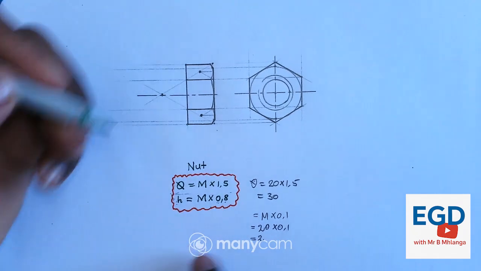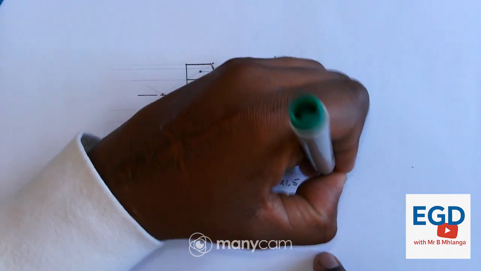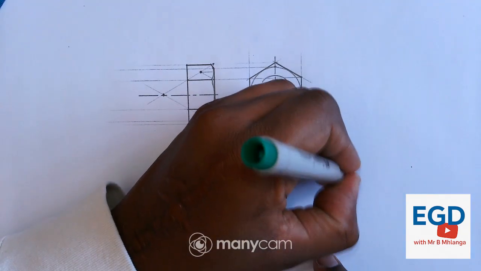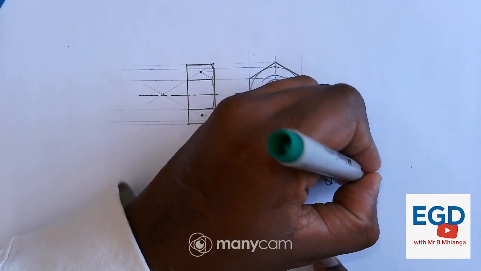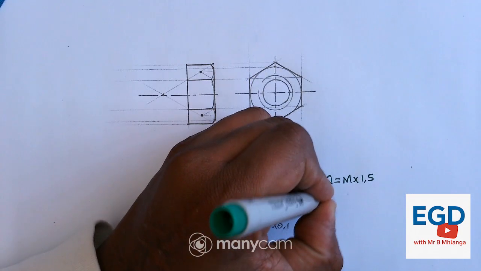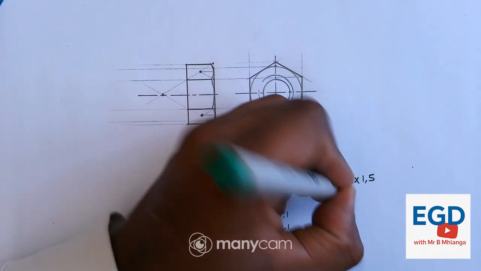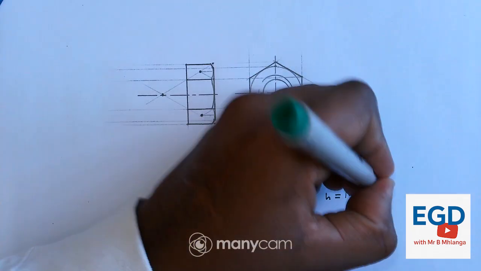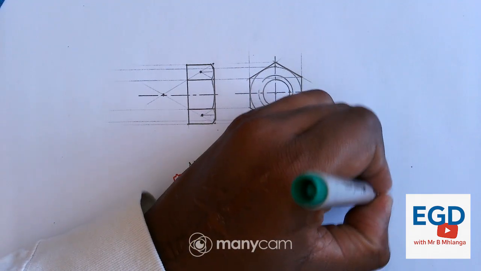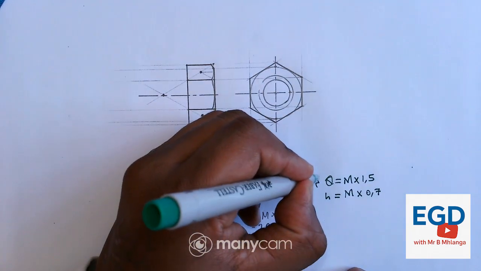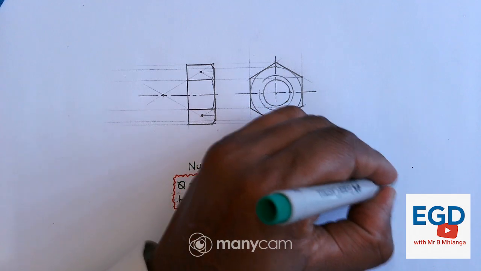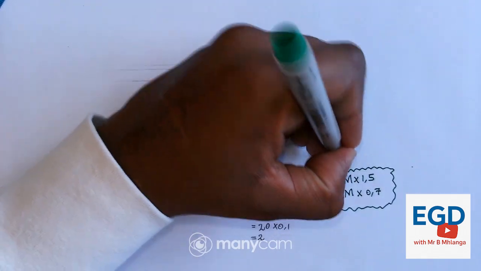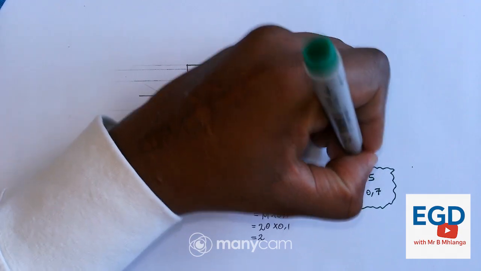And then for a bolt, the diameter is the same formula, so it's M multiplied by 1.5, and the height of the bolt, it's M multiplied by 0.7. So this is for the bolt.